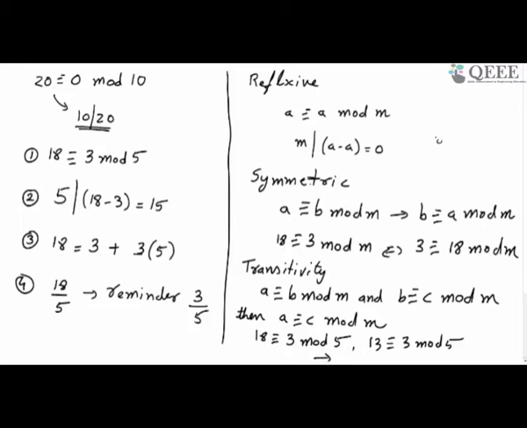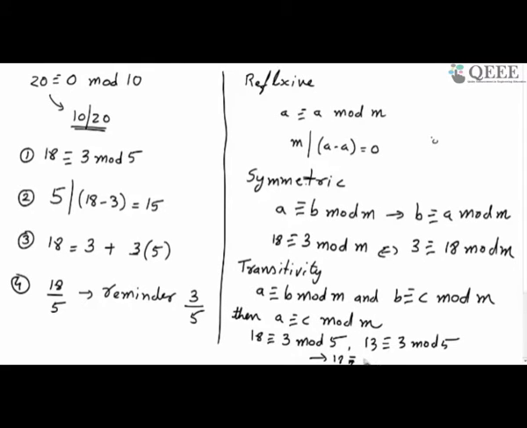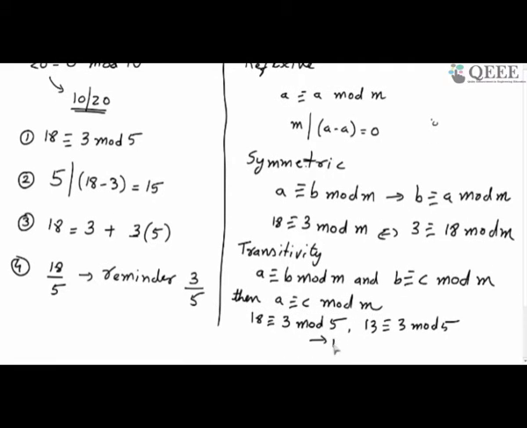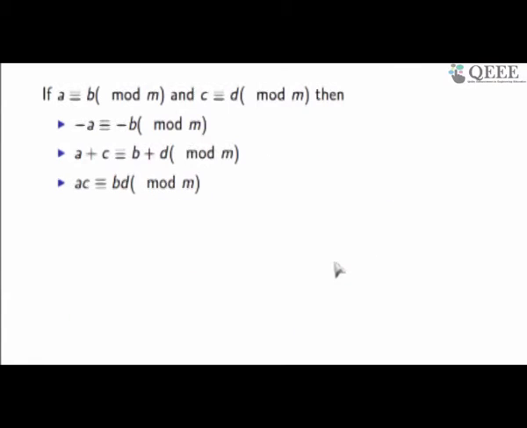So this implies that 18 is congruent to 13 mod 5. Okay, so we'll leave this.